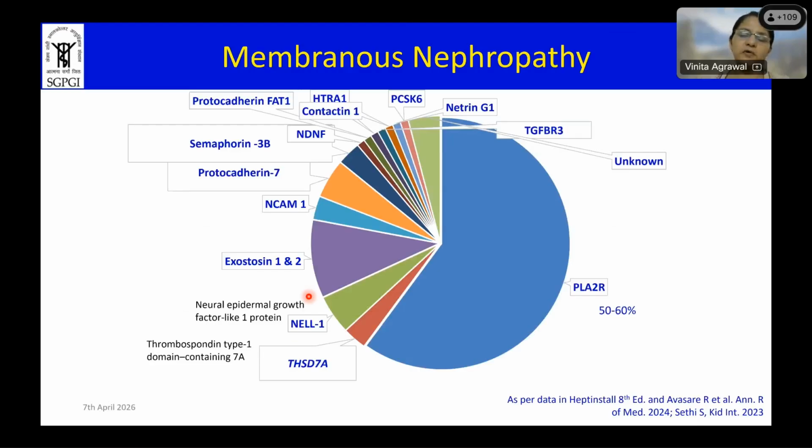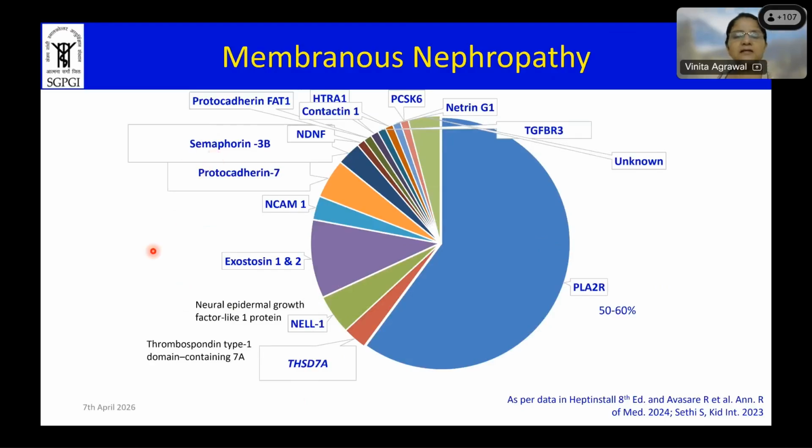One of the most common, as I've shown you in this picture, is PLA2R, which forms almost 50 to 60 to 70% in our group. But there are a large number of other antigens which you can also look at on the renal biopsy. We don't do all of them, but we do some of them depending on the history, like NELL1, thrombospondin, and semaphorin in children.